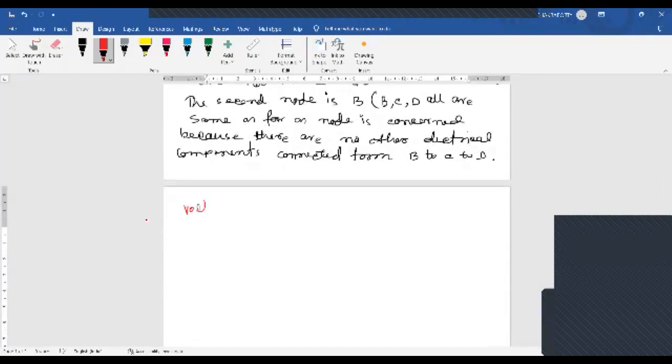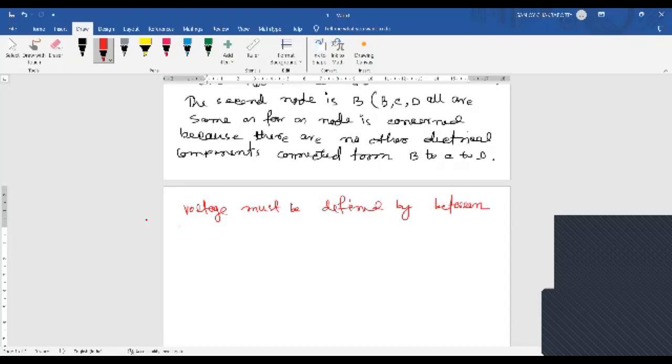So voltage must be defined between two nodes.